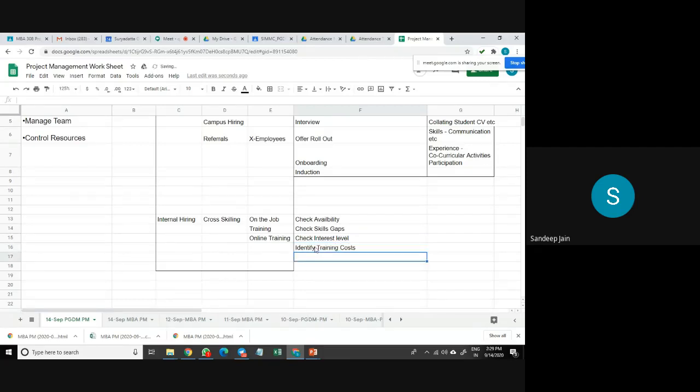So training cost is twofold. One is what is paid to the trainer, the trainer charges, plus the training days, because during the training days the person is not going to be working.